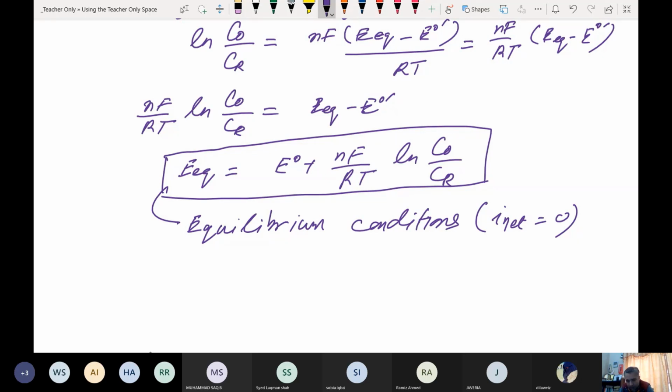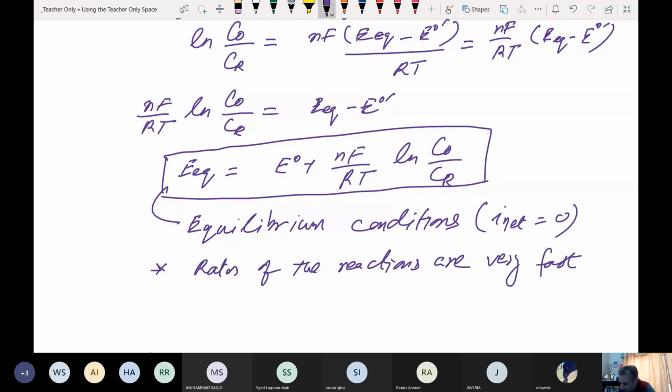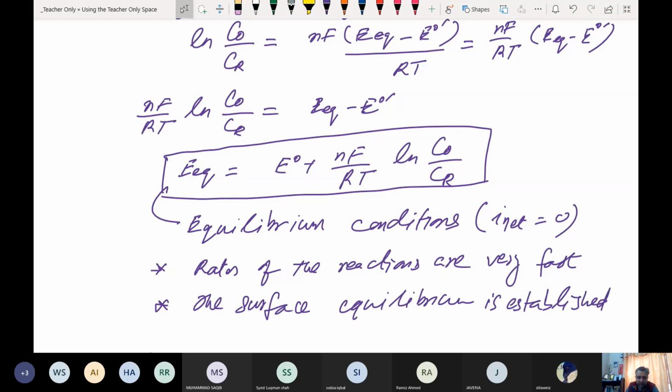So to attain the equilibrium condition, we must meet certain approximations. For example, one way could be that the rates of the reaction are very fast, such that surface equilibrium is established at a fast pace.